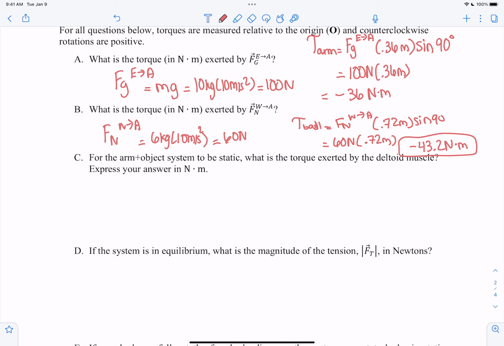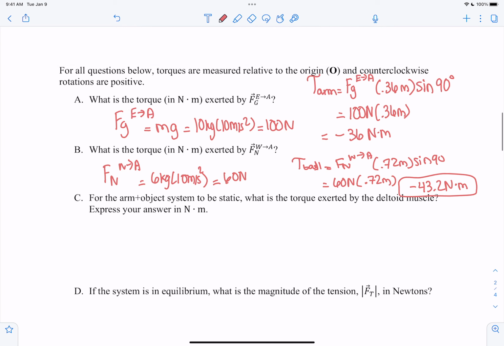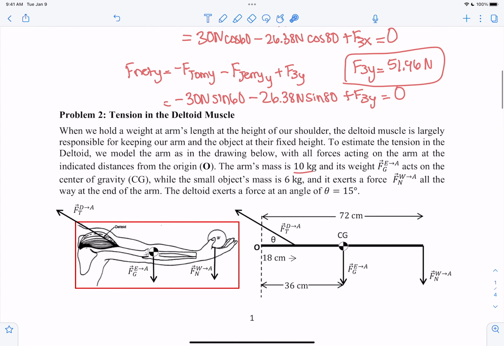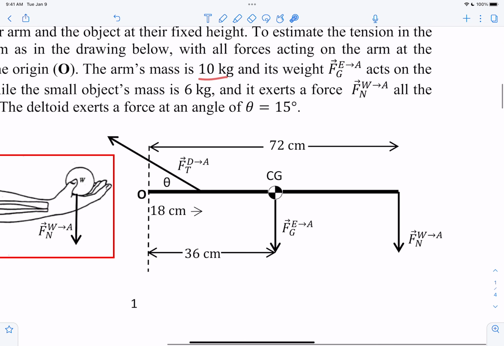Now for part C, it says for the arm plus object system to be static, what is the torque exerted by the deltoid muscle? So by static, we mean static equilibrium, right? And we'll get into this in the coming week. They're going to talk a lot more about static equilibrium, but static equilibrium for an arm and object system just means that the torque is going to be 0.